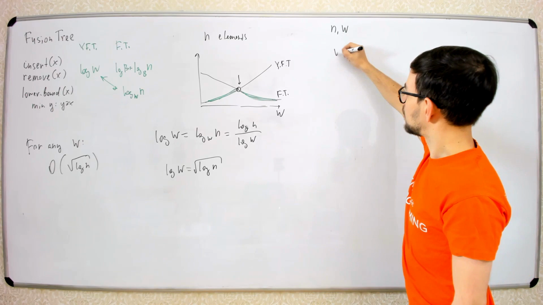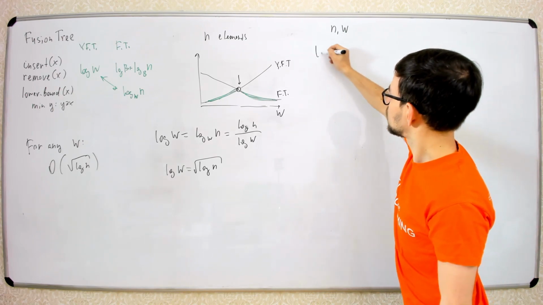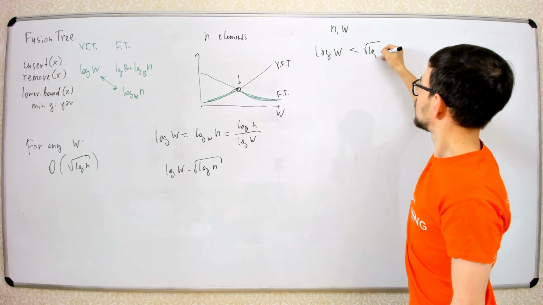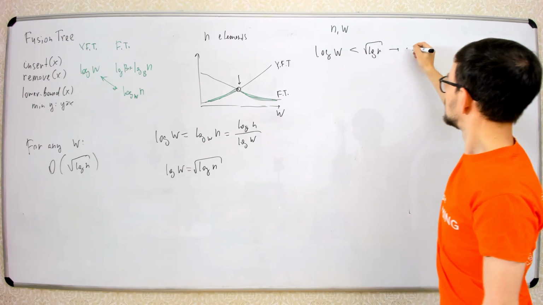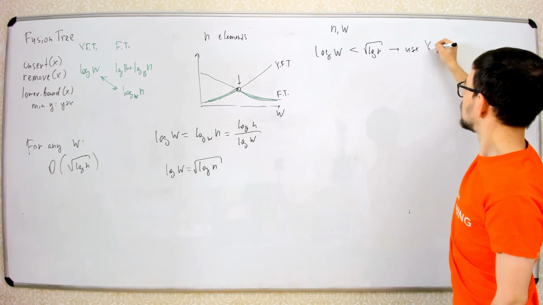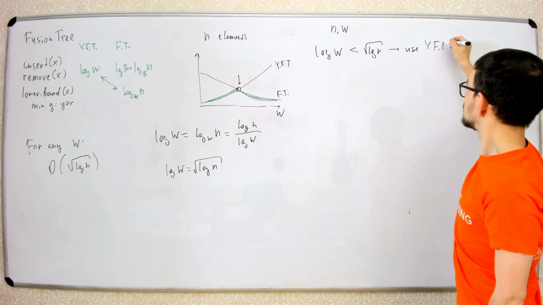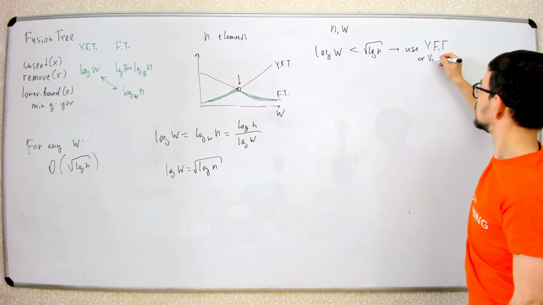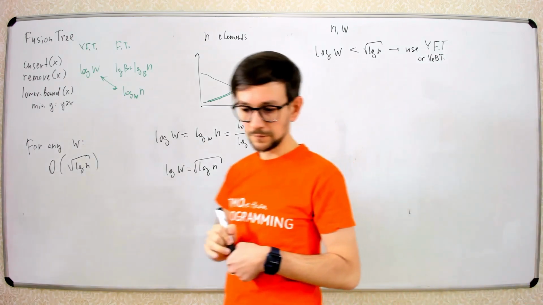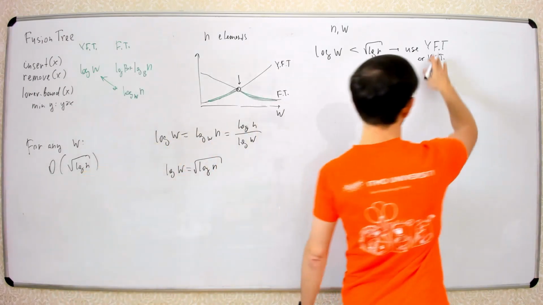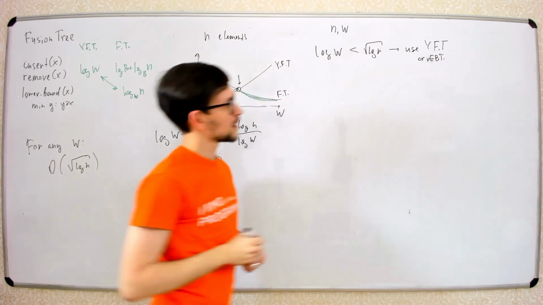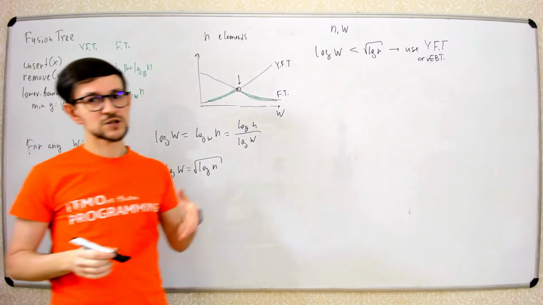So if log W is less than square root of log n, then you use y-fast tries or van Emde Boas trees.